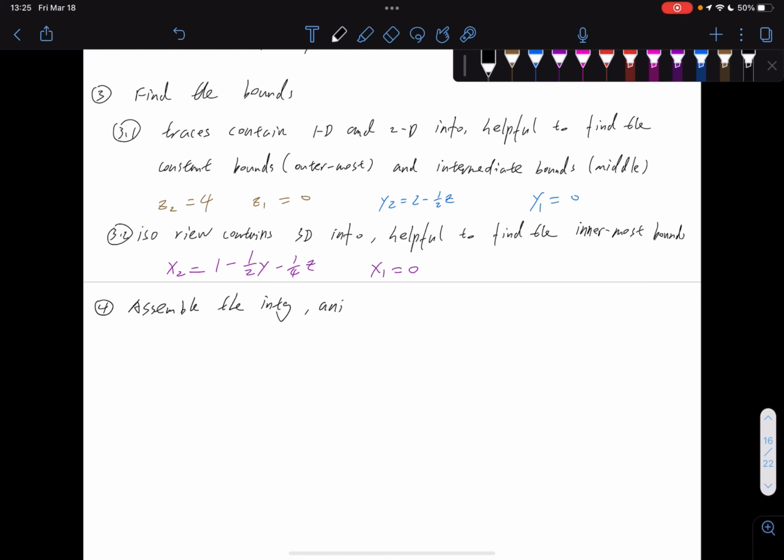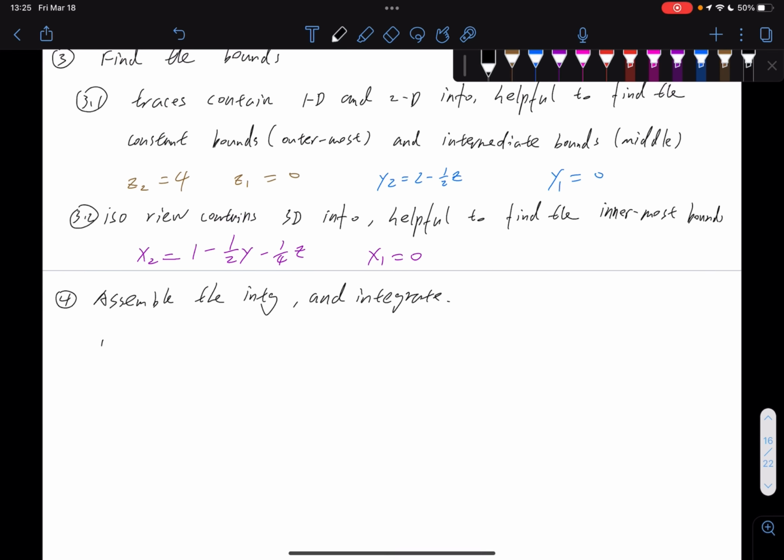All right, finally, we can go ahead and assemble the integral. And integrate. So this integral looks really bad, but really isn't. dx, dy, dz.